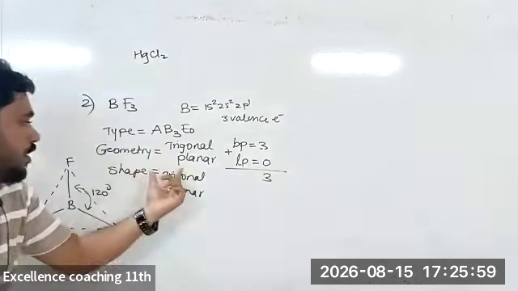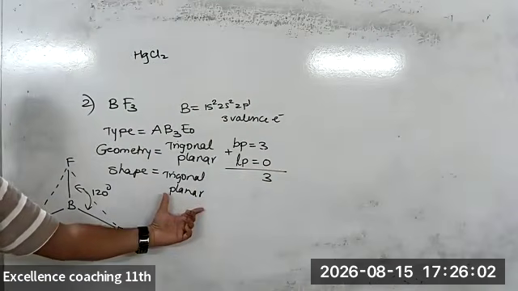Since the lone pairs are 0, the shape and geometry will remain the same.